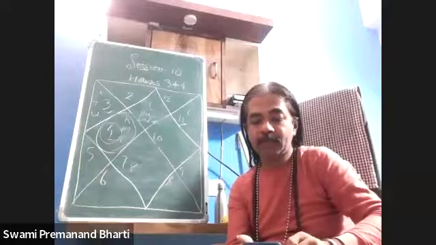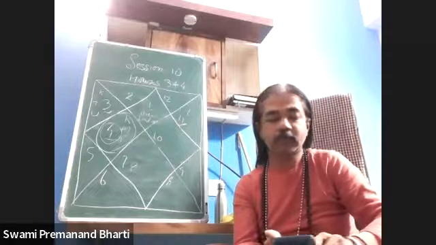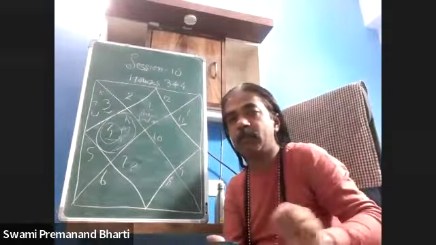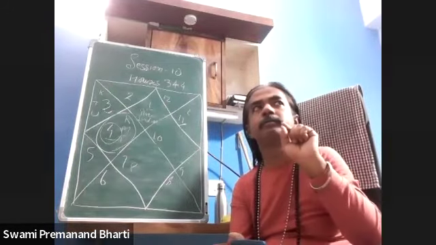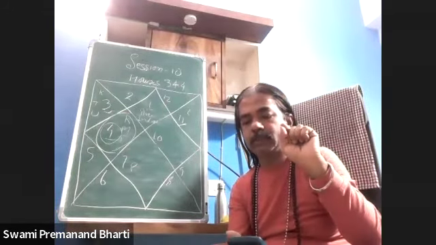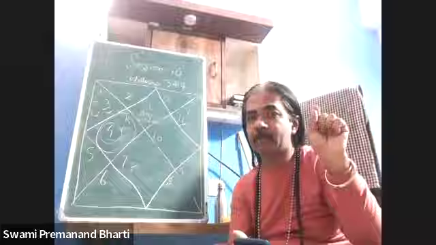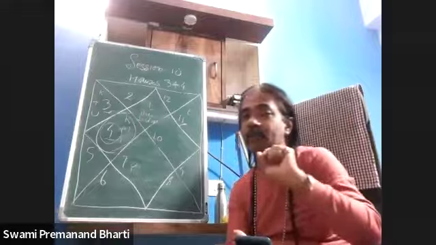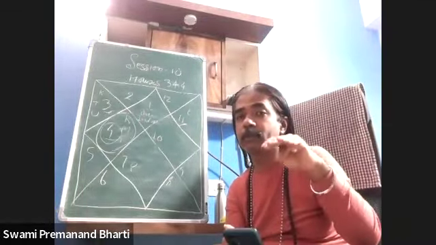Moon and Venus are the main karakas, or significators, of the fourth house, as they represent similar things. Why Moon and Venus? Moon represents mother, so obviously Moon becomes the karaka. Moon represents home environment also, your peace of mind also.